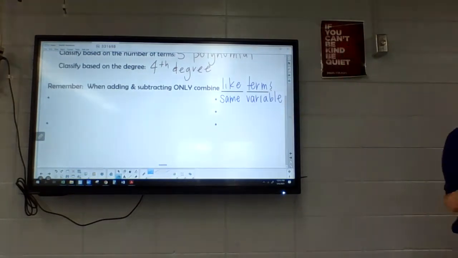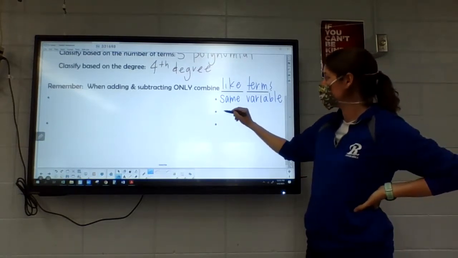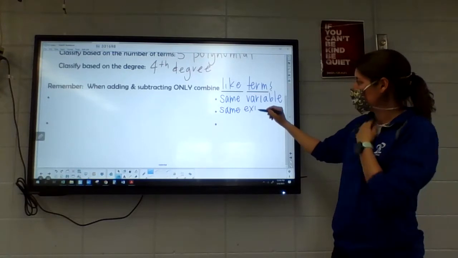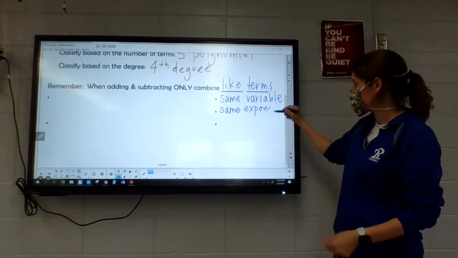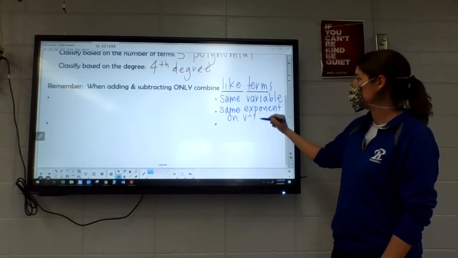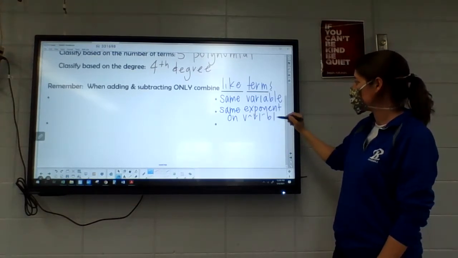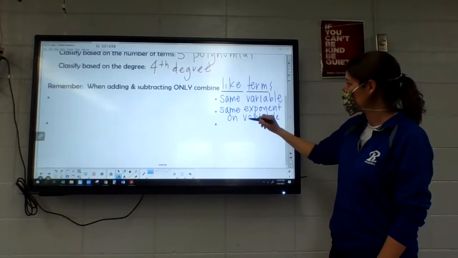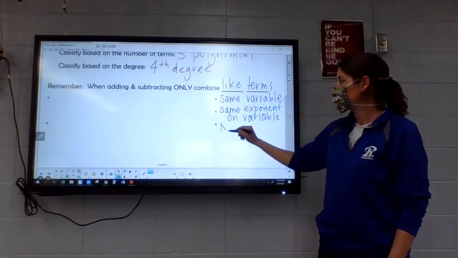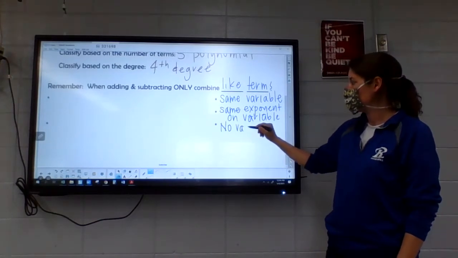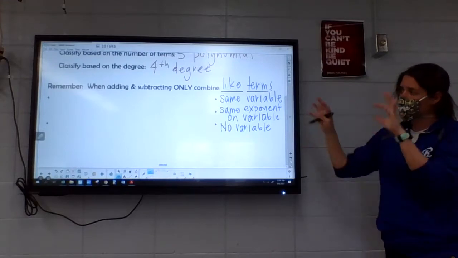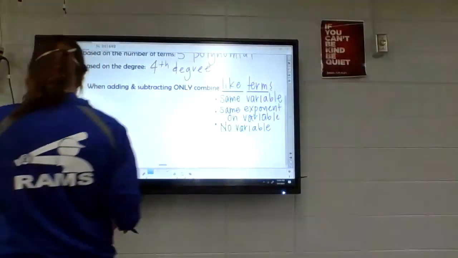They have the same exponent on the variable, or they have no variable at all. So I'll show you guys what I mean here with some bullet points and explain it a little bit.